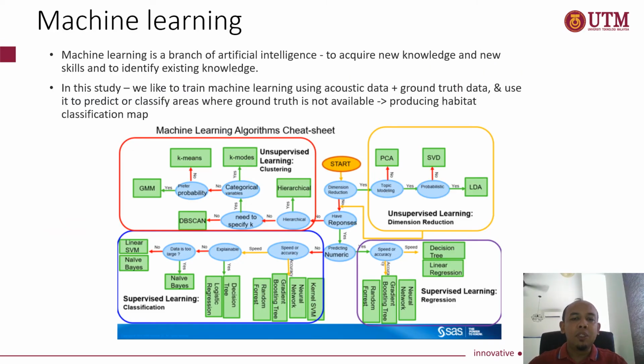And for the machine learning, I think most of the audience are experts in machine learning, so I'm not going to explain this in detail. But what we intended to do is acquire new knowledge and new skill to identify the existing knowledge.